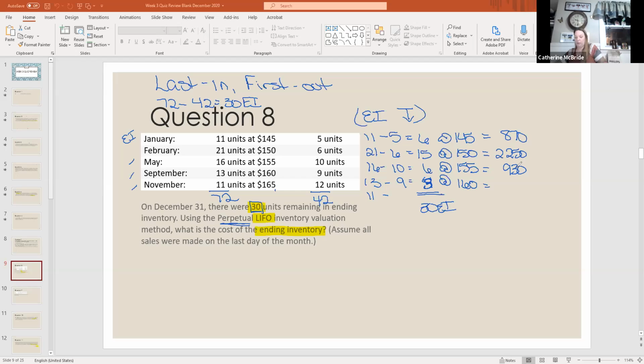And the last one is 3 times 160 gives us 480. So ending inventory, 870 plus 2250 plus 930 plus 480. All the other ones are easier. So ending inventory is 4,530.